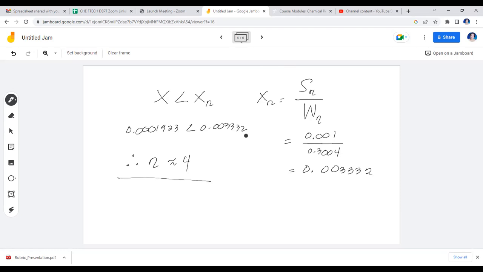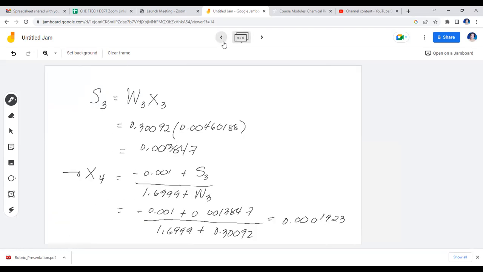Actually, class, if you look at this in our computation, that is the overflow. The concentration of the overflow is the same as the concentration of the underflow. So, we stop washing when the solute content of our underflow solution is small or conforms to the final solute content that we want based on the overall material balance.